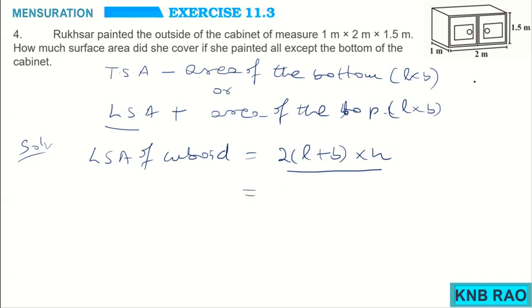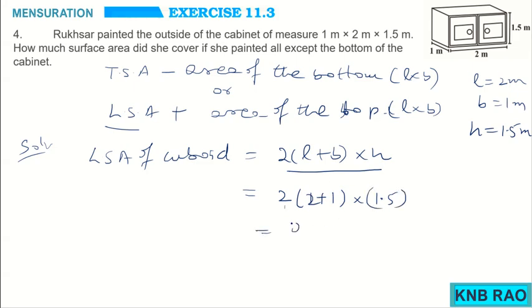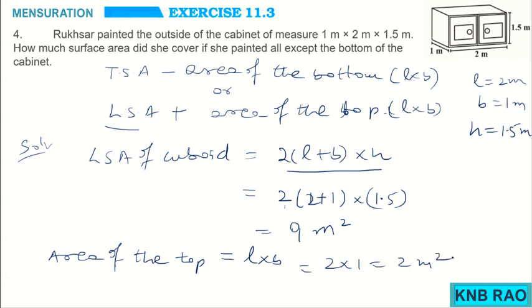Here L is 2 meter, B is 1 meter, H is 1.5 meter. So 2 times of (2 plus 1) into 1.5. You know 2 into 1.5 is 3, 3 into 3 is 9 meter square is the LSA, and area of the top, which is L into B, is nothing but 2 into 1 gives 2 meter square.